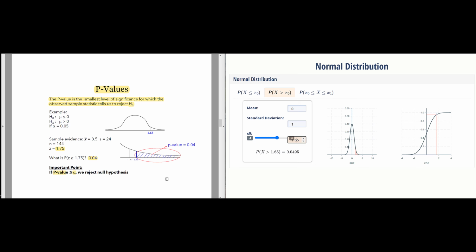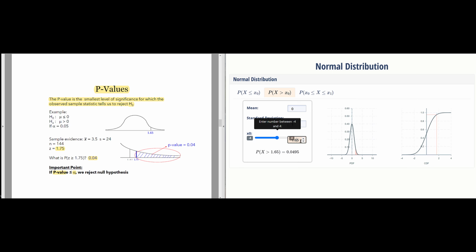Now, let's try a different observation. Let's suppose that from our sample we get a mean of 3.0 instead of 3.5. Well, the z-score corresponding to an observation of 3.0 is going to be 3.0 divided by 24 over square root of 144. In other words, 24 over 12 is 2. 3.0 over 2 is 1.5.